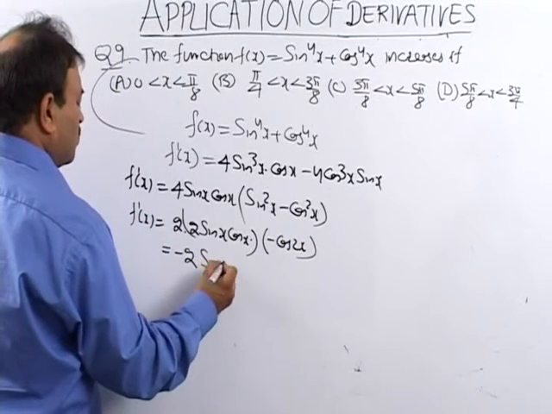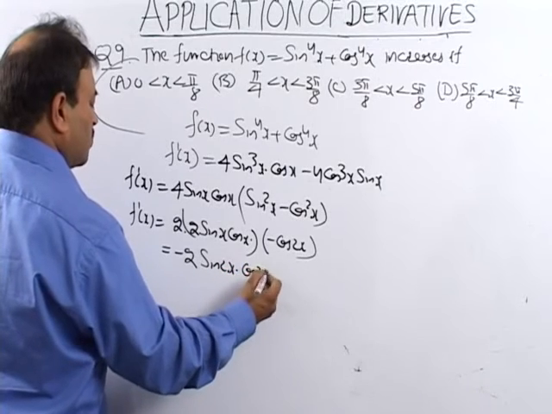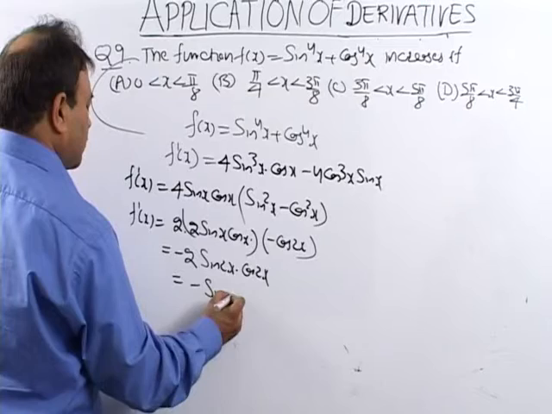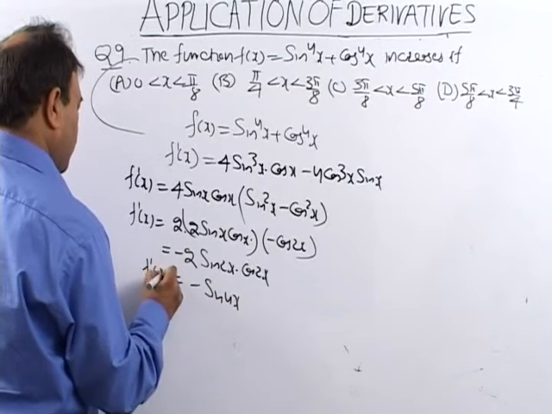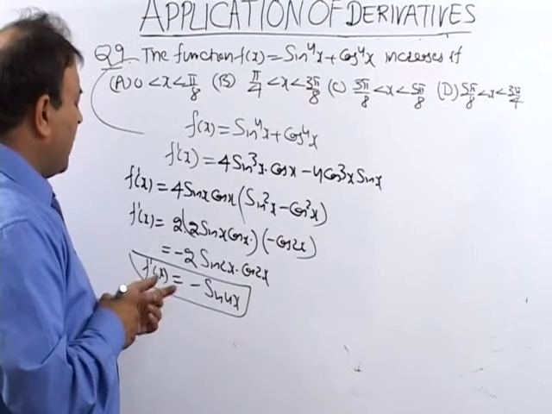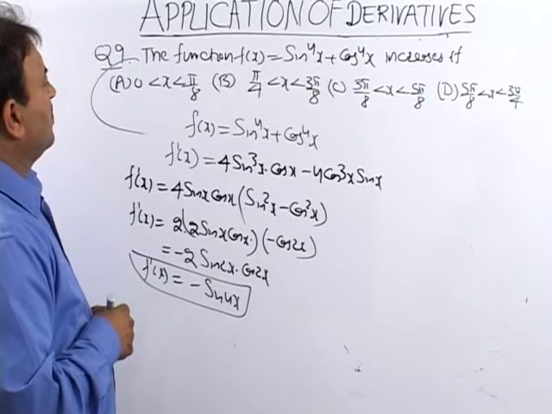This is minus 2 sin 2x into cos 2x. This is equal to minus sin 4x. So our f dash x becomes minus sin 4x.